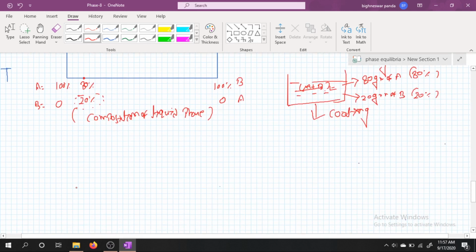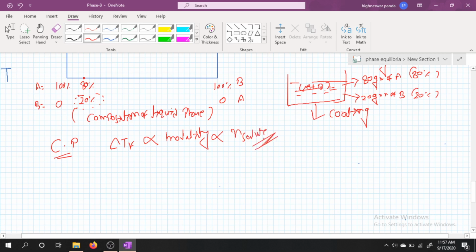We have already studied in colligative properties that depression in freezing point is directly proportional to molality, and it is directly proportional to n.